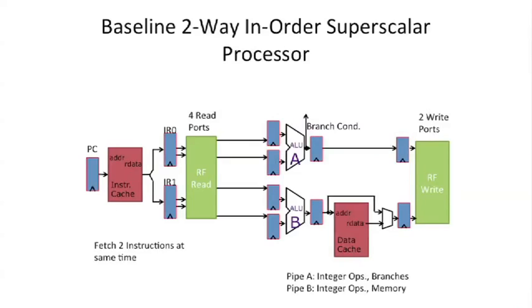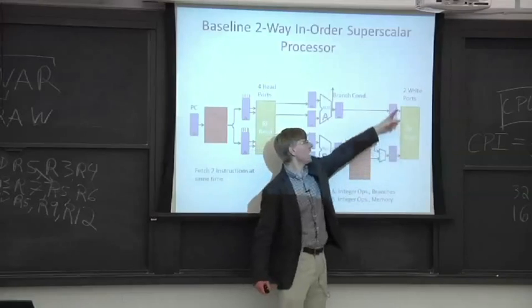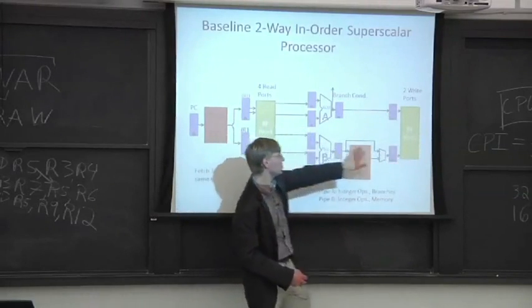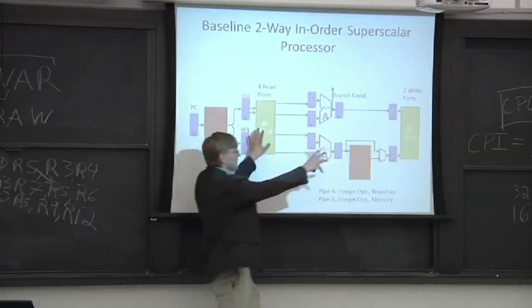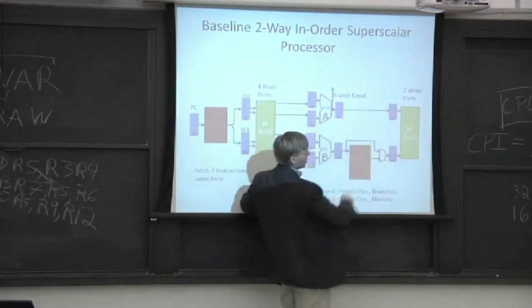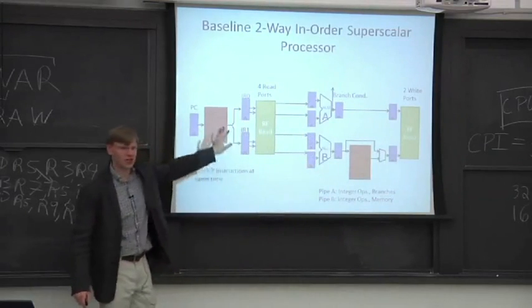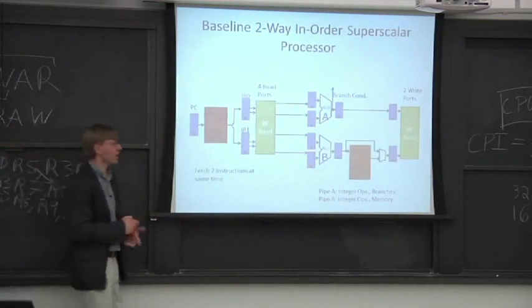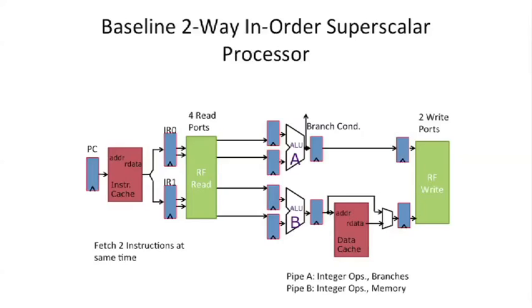And if we want to be able to retire or commit instructions 2 at a time, we need to add more write ports. I show the register file here split into 2, but it's together; logically I just drew it apart so you could make heads or tails of the drawing. That's something interesting to think about: you have to worry about that.